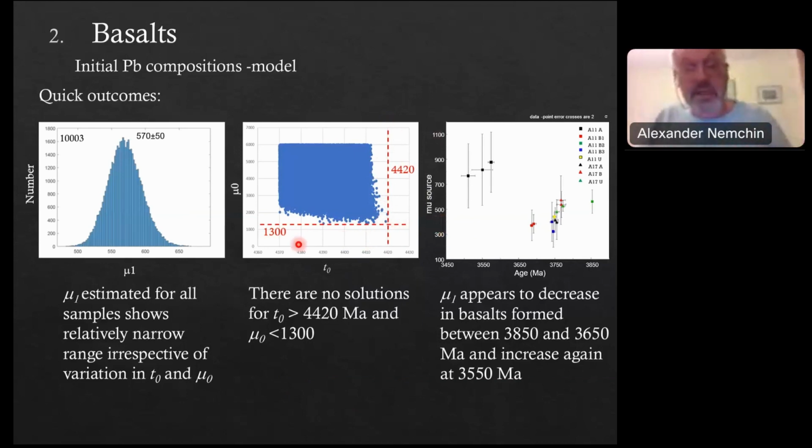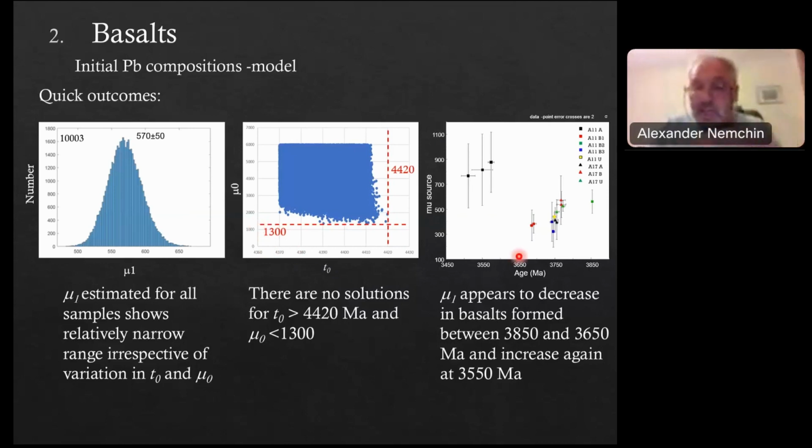I don't know, Lars is probably going to be happy about it. Similarly, remember we've been running mu0 from 0 to 6,000, but there are no satisfactory solutions if mu is smaller than 1,300, which is kind of interesting. Maybe we can discuss what it means in terms of overall lunar evolution.